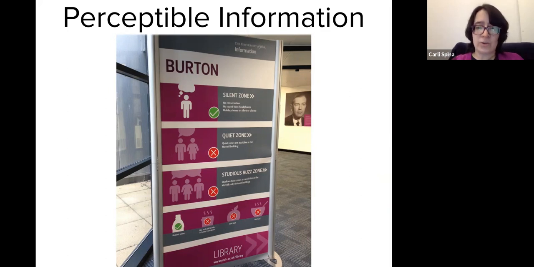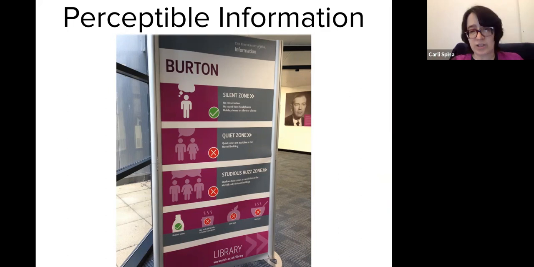And for the zones, they have a title, which is designed to make it apparent what it means. So silent zone, very apparent what that means. Then below that, they have a little bit more detail in a smaller font, but that's not necessarily necessary. It's just if you're somebody who wants to know exactly what they intend by silent zone.